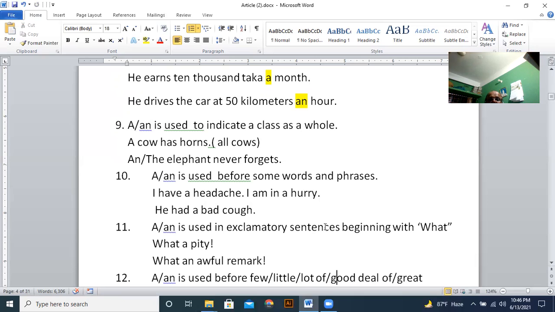Same, the elephant or an elephant never forgets. Okay. Now serial number 10. A or an is used before some words or phrases. Now look, I have a headache. I am in a hurry. Or he had a bad fall. Okay.